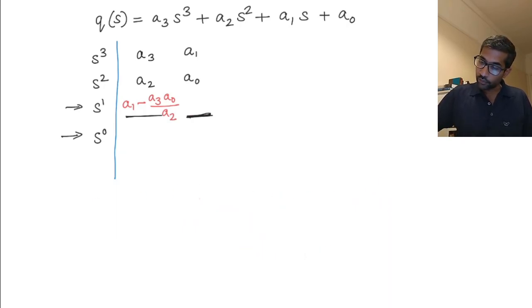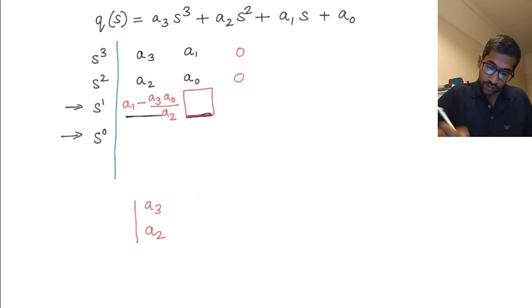To get the value at this position, our determinant is going to be formed of a3 and a2, which is the first column of the two rows above, and then the next column, but there are no values here. If there are no values, you can assume that the values are 0.